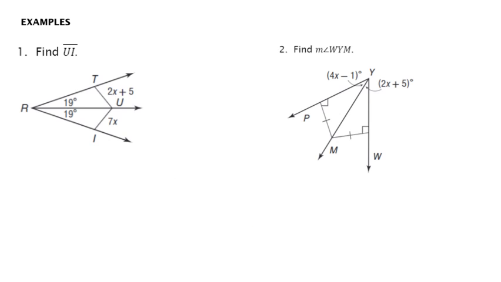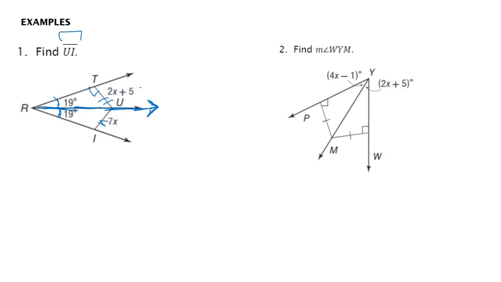For example 1, you can see that they are finding UI, and we have that these are both 19 degrees. Since these are the same measurement, RU is a bisector, which means we can assume these two lengths are the same. So 2x plus 5 is the same as 7x.